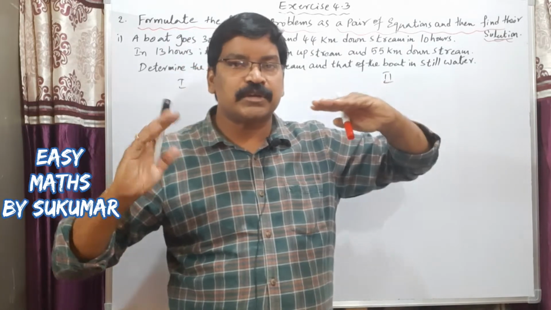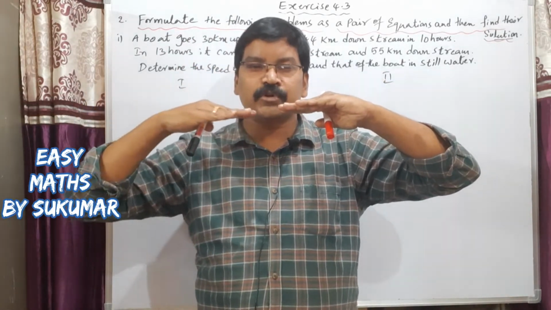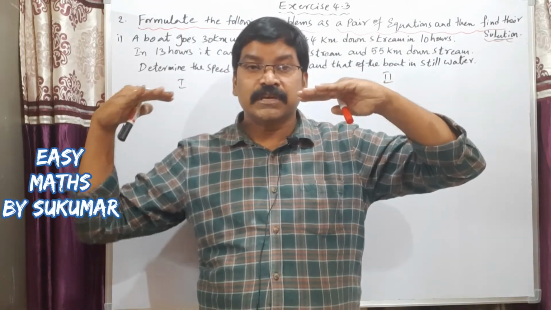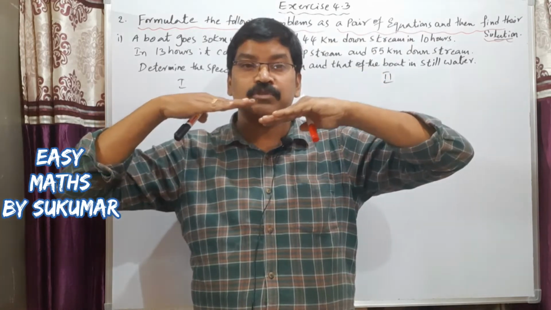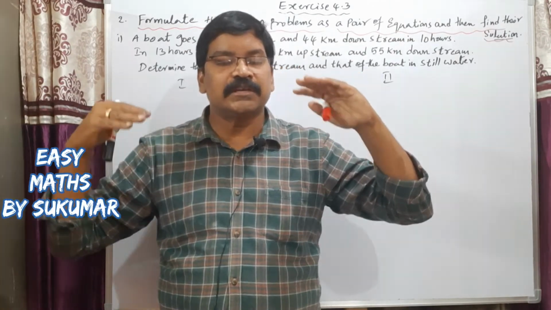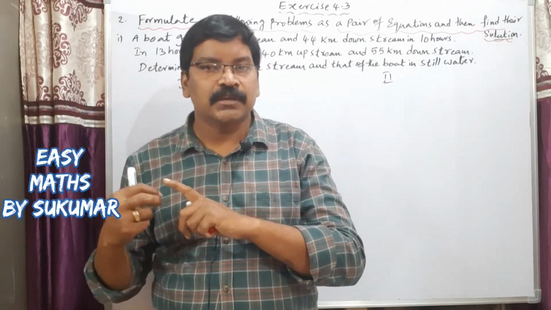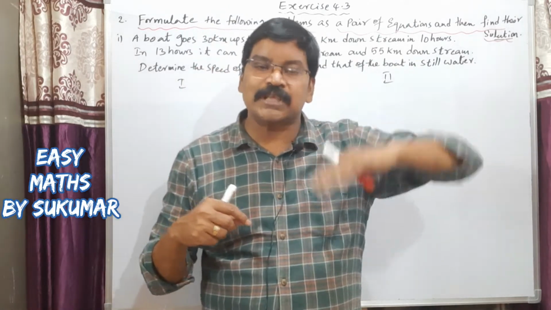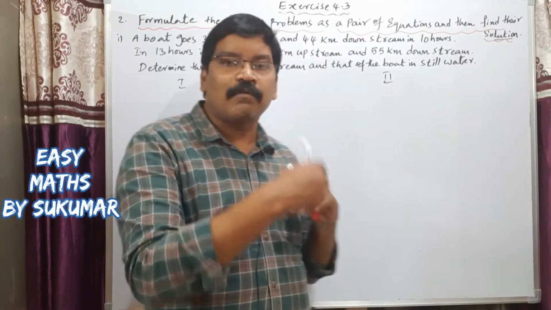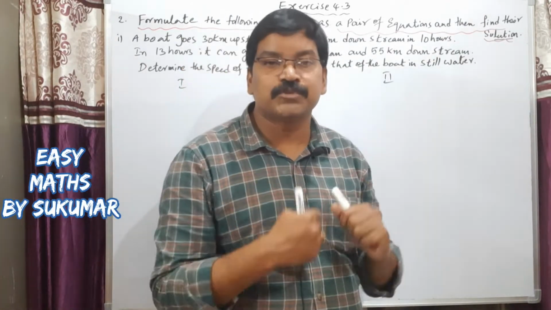If the stream is moving in this direction, the boat is going against the stream, in the opposite direction like this. In such a case, it is difficult to travel. That means the speed of the boat should be more than the speed of the stream. Then only it can overcome the stream during this upstream situation.